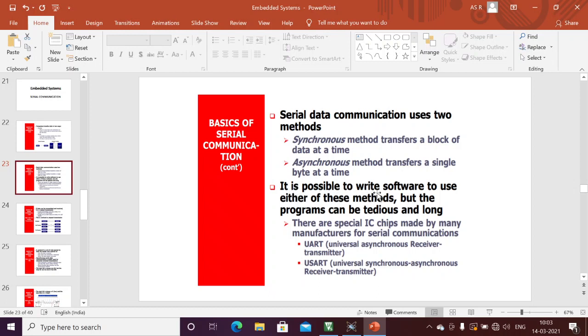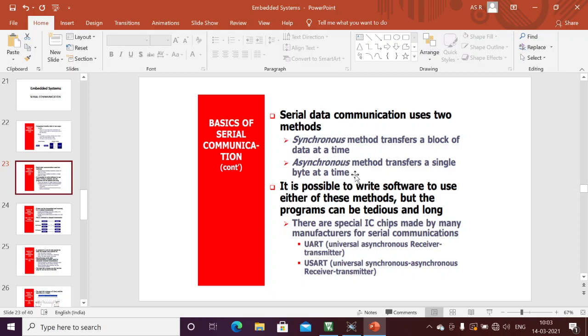It is possible to write software to use either of these methods, but the program can be tedious and long. There are special IC chips made by many manufacturers for serial communication. A few ICs are made with UART and a few with USART. Our 8051 IC is made with UART, Universal Asynchronous Receiver and Transmitter, and we are using the asynchronous type of transmission.